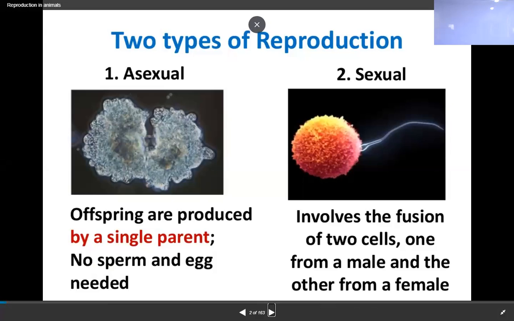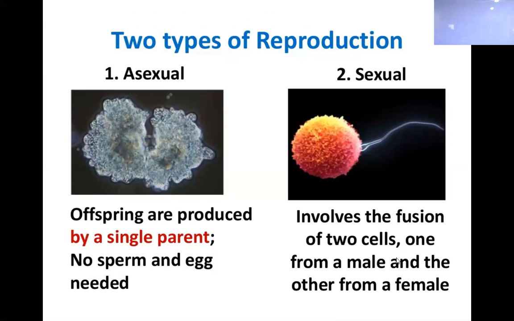So, you know that there are two modes of reproduction, asexual and sexual. See, I'm not going to explain you again what are the importance of asexual and sexual mode of reproduction, because you know, involvement of one single parent, when there is fusion of male and female gamete. Already we have studied this.